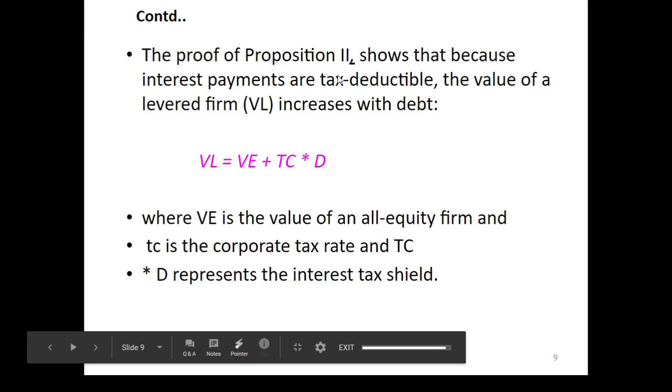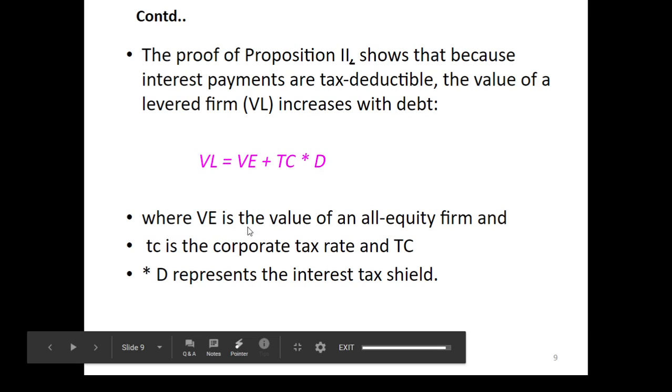The proof of proposition 2 shows that because interest payments are tax deductible, the value of a levered firm increases with the debt. The value of the levered firm equals the value of an all equity firm plus tax multiplied by interest, that is the tax shield, the deduction of the tax on interest.